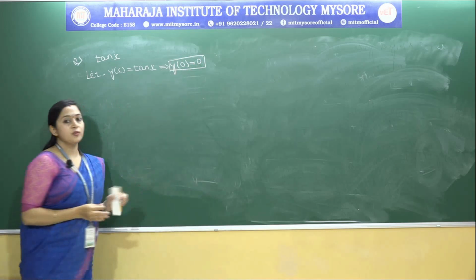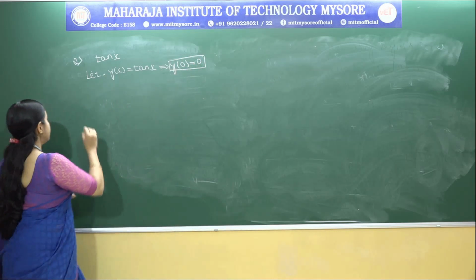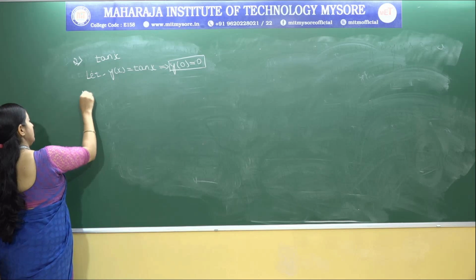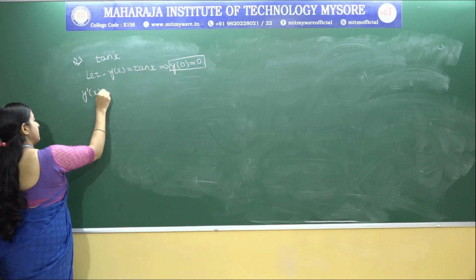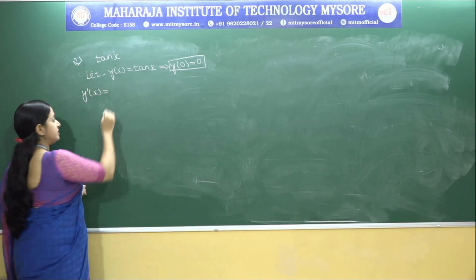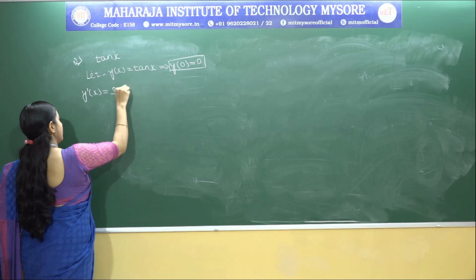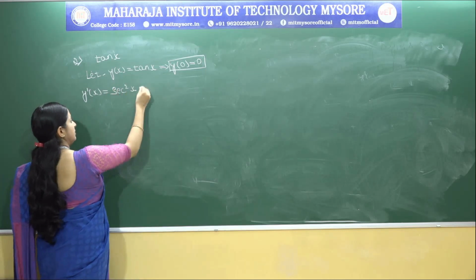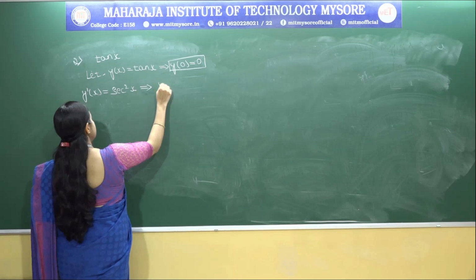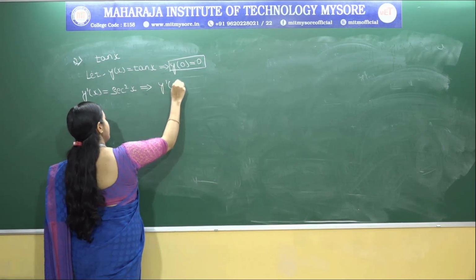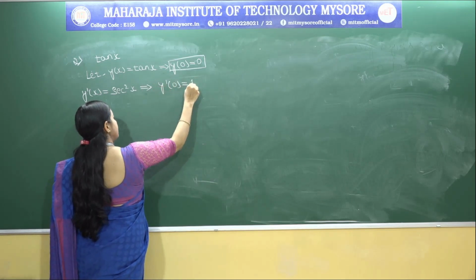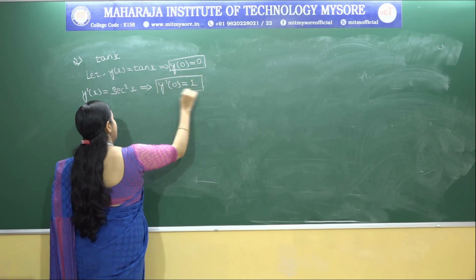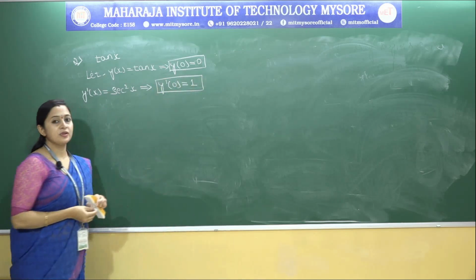So y of 0 equals 0. The second term, differentiate this one, y dash of x. The tan x differentiation is secant square x, which implies y dash of 0 equals secant square 0, which is 1.